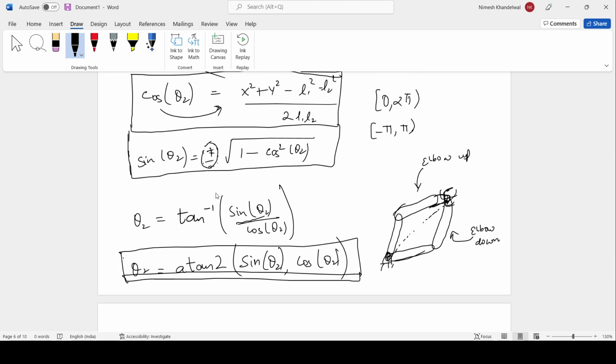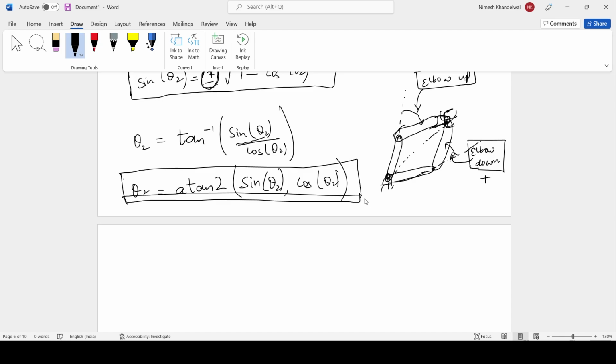There are literally two different solutions for theta 2, and with respect to theta 1, they just differ in sign. If we take this to be plus, it corresponds to the elbow down configuration, and if we take it to be minus, it corresponds to the elbow up configuration. Simple.